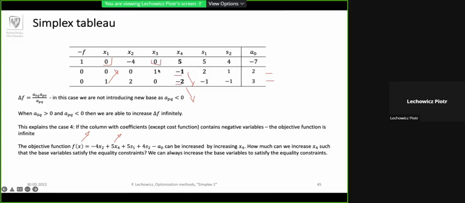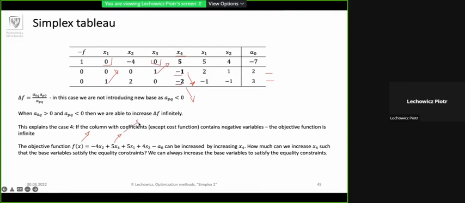So we can increase the values for the base variables as much as we want because they are positive. So they are satisfying the boundary constraints and increase in such a way that we compensate for this reduction by increasing this variable. So in such a way we can increase it even more, right?